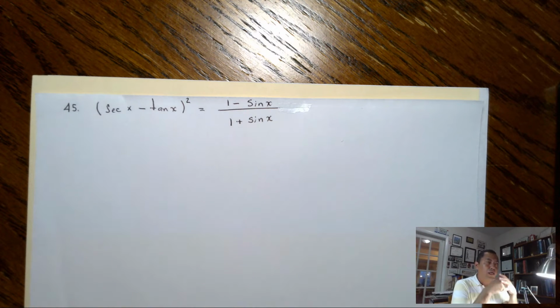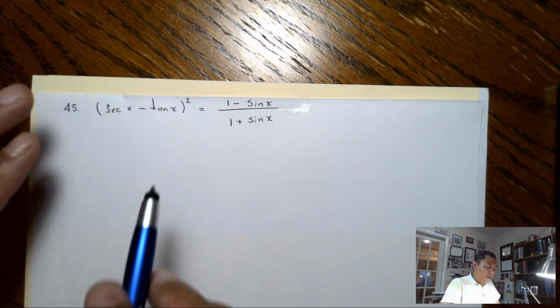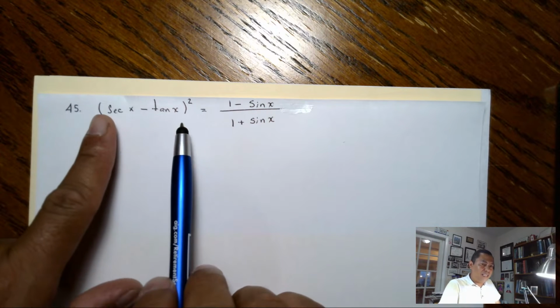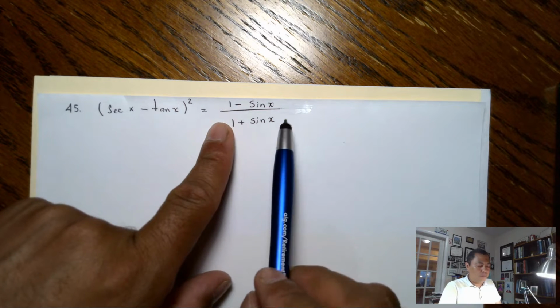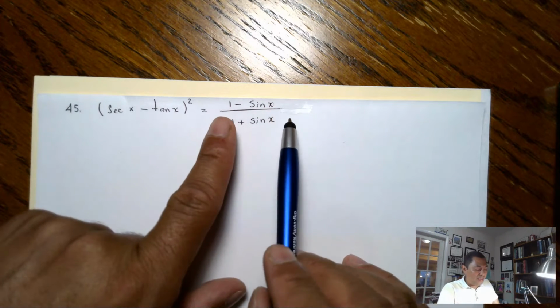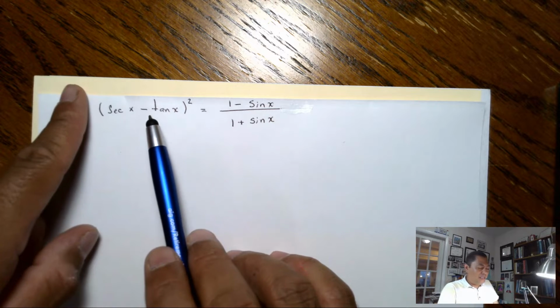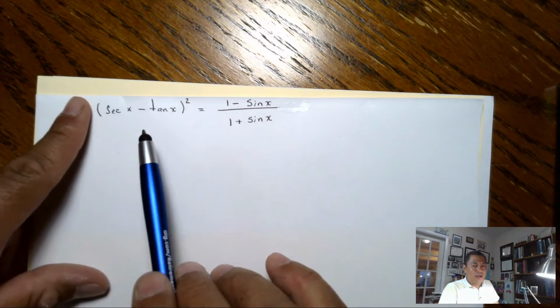When they ask me to verify trigonometric identities, what they are asking me to do is to develop the left side and make it equal to the right side, or start from the right side and get all the way to the left side.